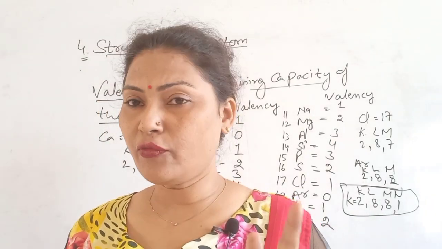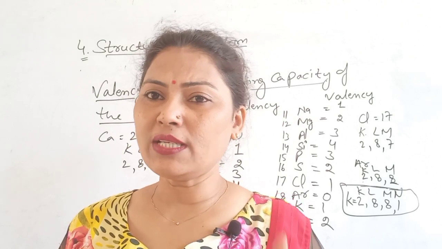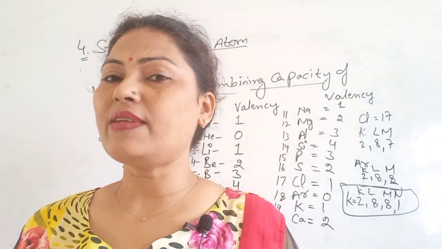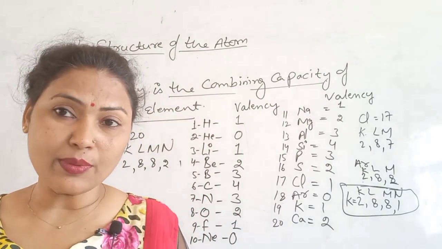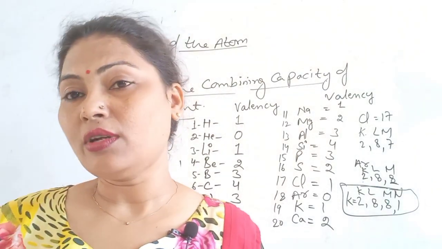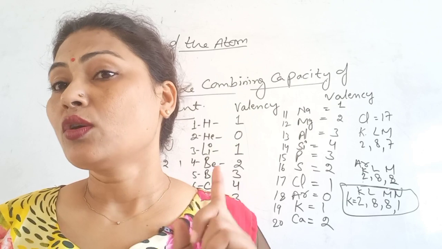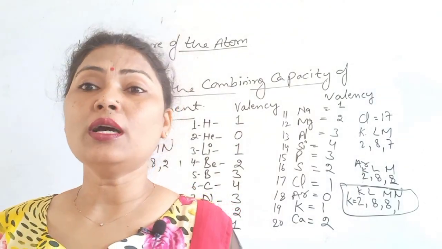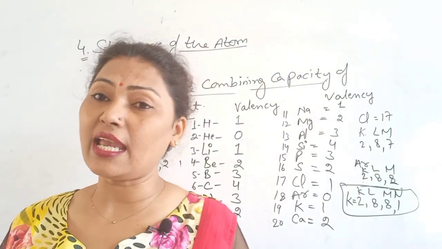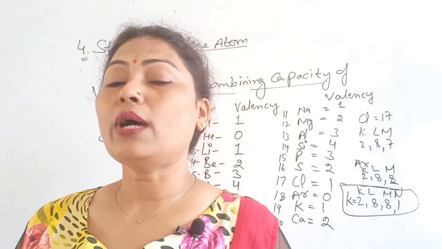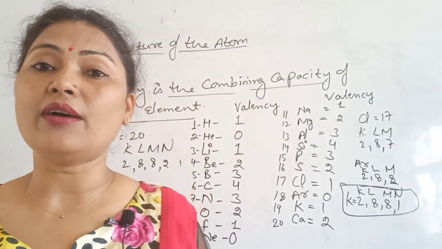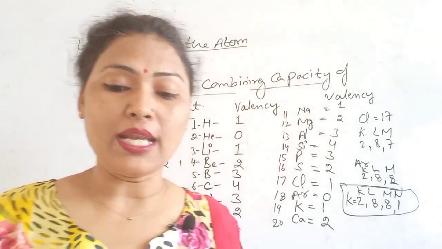If there are 5 valence electrons, its valency is 3. If 6 valence electrons, its valency is 2. If 7 valence electrons, its valency is 1. And if the last orbit contains 8 electrons, it means its octet is complete. So these elements have 0 valency.